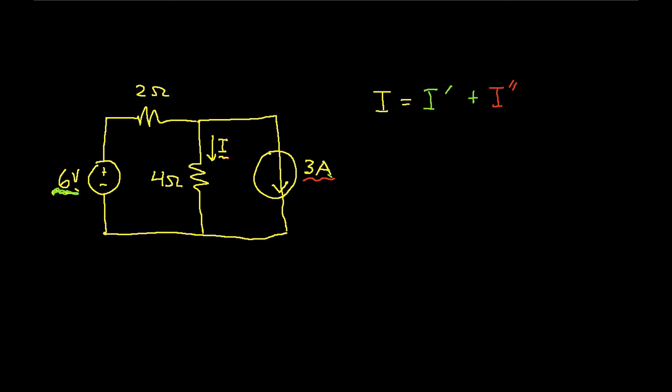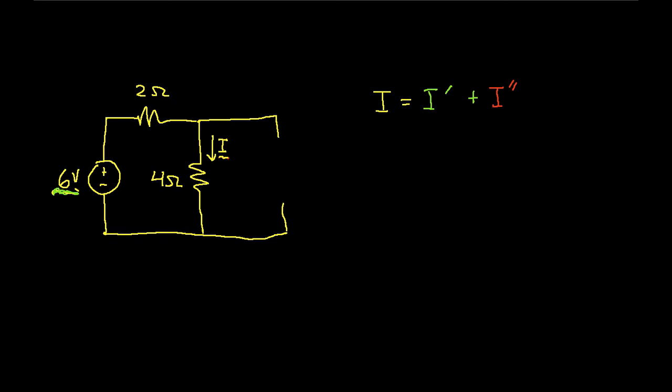Now, to make a current source go away, so in this case, if we're going to use the 6-volt source, we want to make the current source go away. To make a current source go away, we just basically cut it out and leave an open circuit.